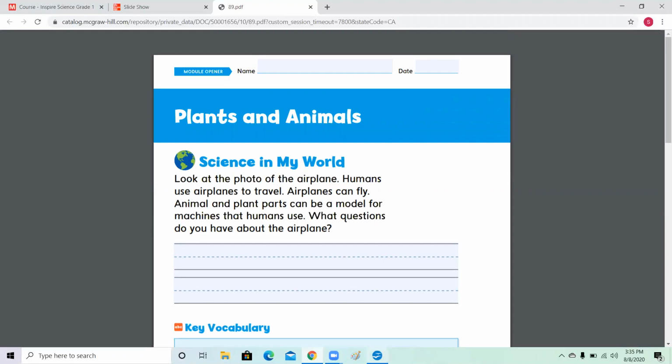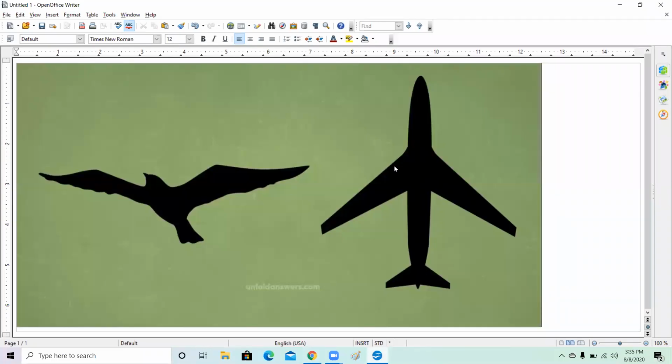All right, what does that mean? If I look at the picture here, the airplane can fly and it has wings, and the birds fly and have wings. So scientists want to fly. They want to learn and help people go to different places. They know that for long distances, taking a train or a car or bus might not be useful.